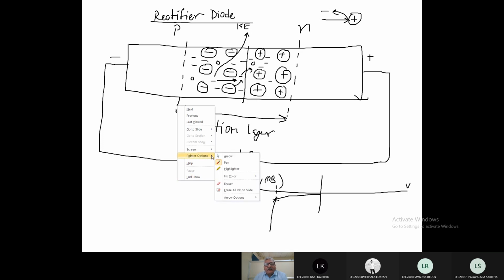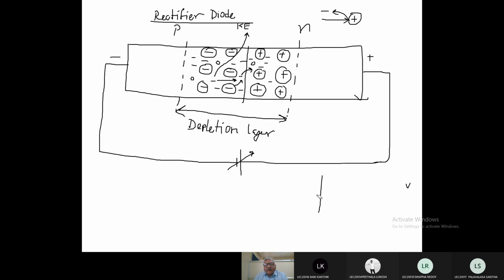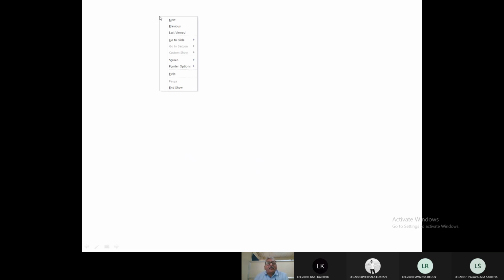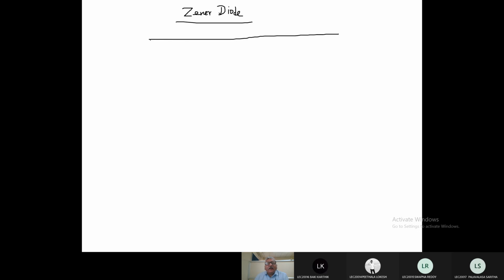Now if you see the Zener diode, then the Zener diode is formed by the heavy doping of p-type and n-type material, right?